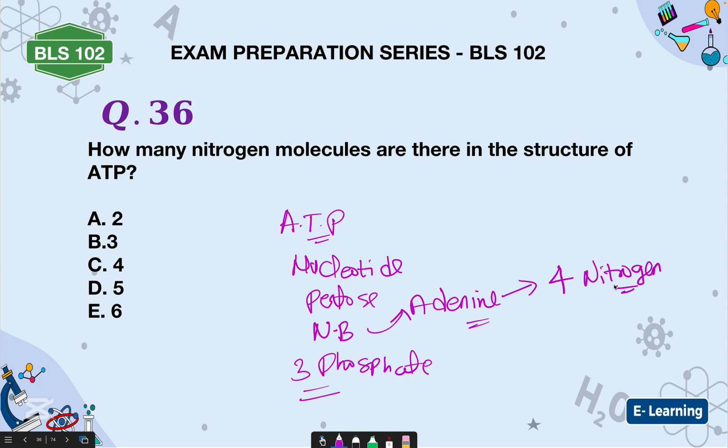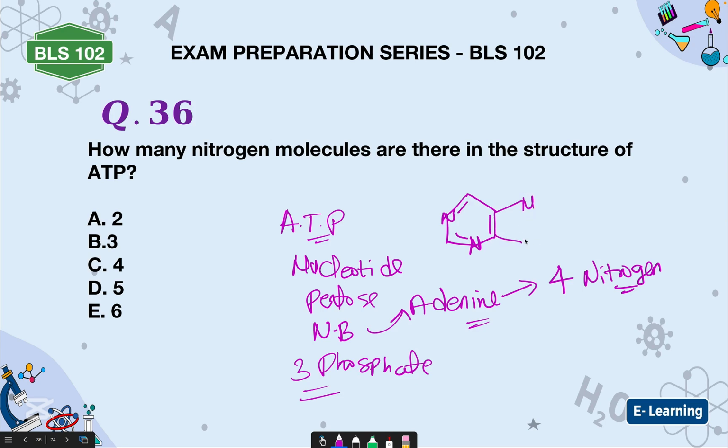Oh, it does have 5 nitrogen, because I was counting just the ring. The structure is something like this. You have this nitrogen here, you have this nitrogen here, then this one, then this one.